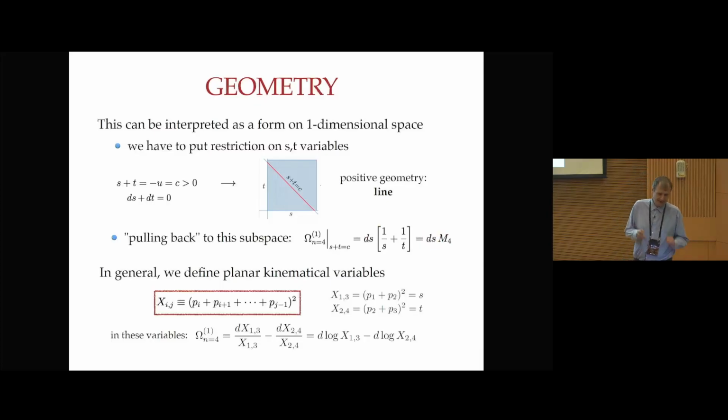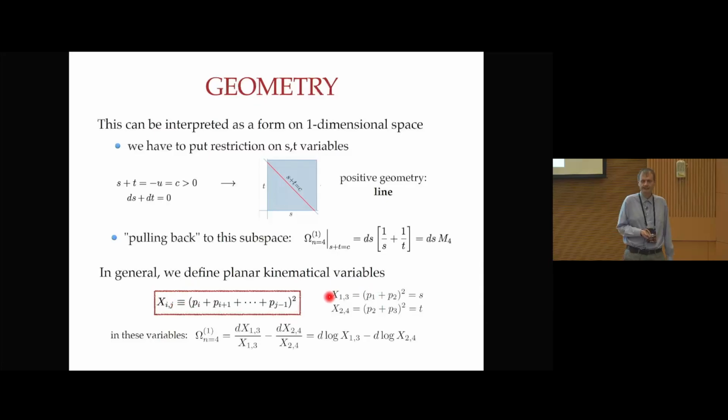Now, let's see how it works for the higher point case. For that, we have to define planar kinematical variables xij. These are actually very familiar variables. It's just a sum of ordered momenta from pi up to pj minus 1. So you sum pi, pi plus 1, pi plus 2, and so on, up to pj minus 1, you square it, and you denote these variables as xij.